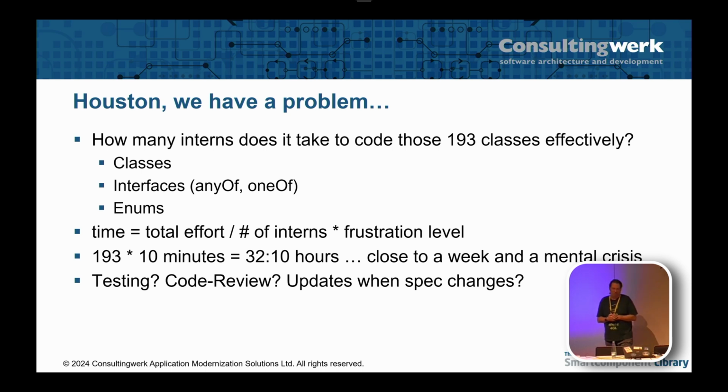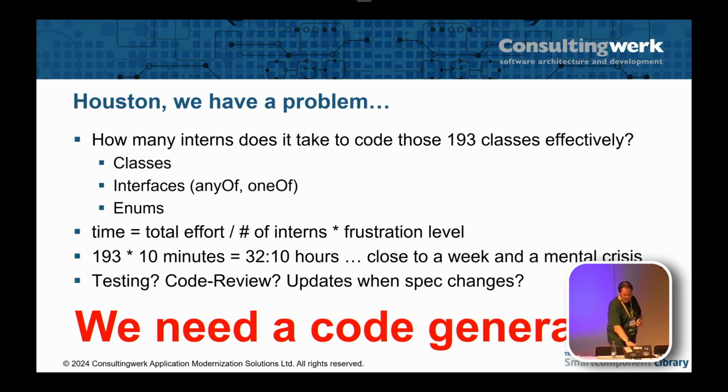Another week for these poor human beings? How do you test it? So when you get to this scale, with an API with such a big specification, and I mean, Visa is a company that we might run into another time, then generation is the only option. So we need a generator for that.